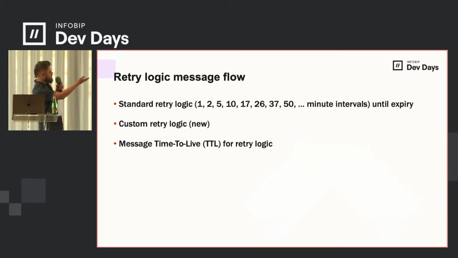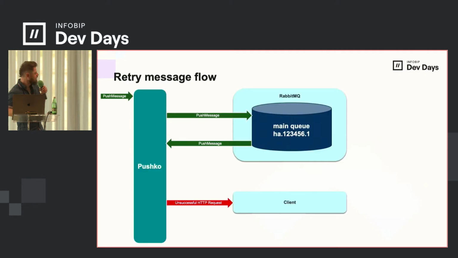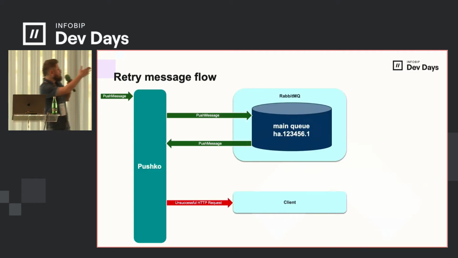So we used this RabbitMQ feature, message time to live, TTL, to implement retry logic, and it looked pretty easy for us to implement. In the normal message flow, all messages get to the so-called main queue, which is per chat and service type.